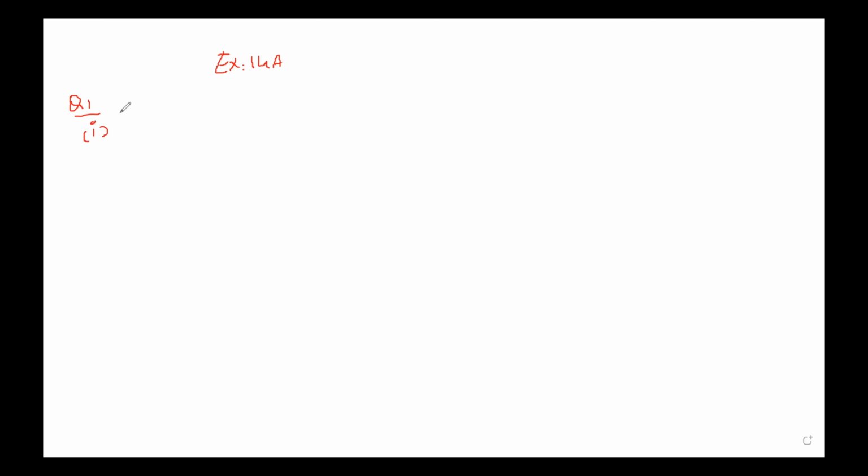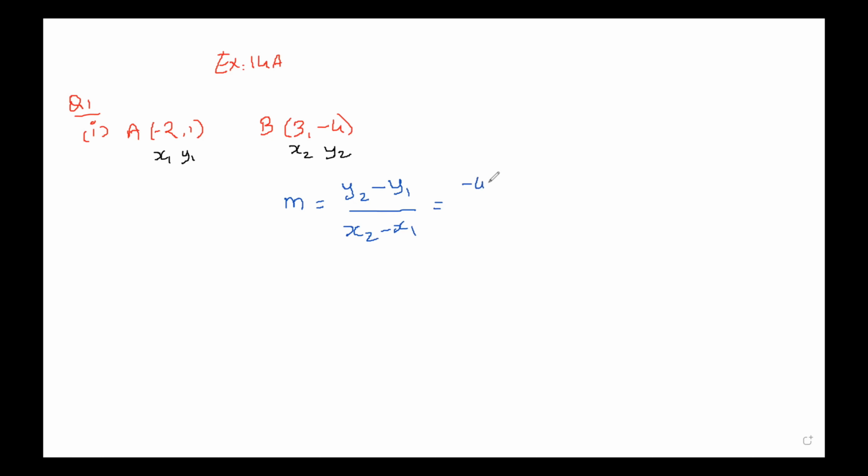Find the slope of the line passing through the points A(-2, 1) and B(3, -4). So 2 points are given, that means x1, y1 and x2, y2. So slope is equal to, the formula is (y2 minus y1) upon (x2 minus x1), vertical change upon horizontal change.